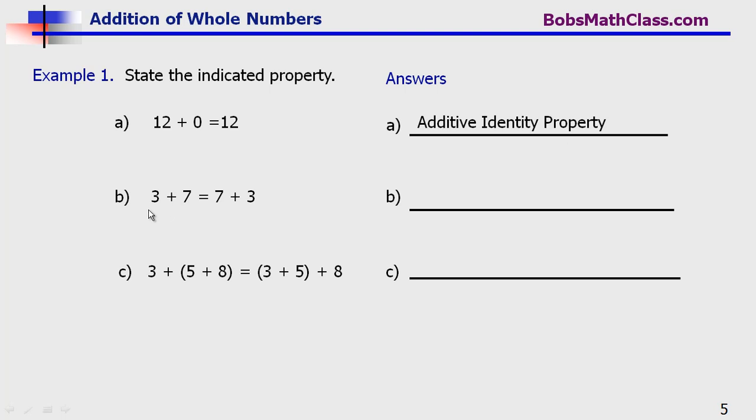Okay, B, here we have two numbers, the same two numbers, but the order is reversed. Which property was that? Right, the commutative property, commutative.